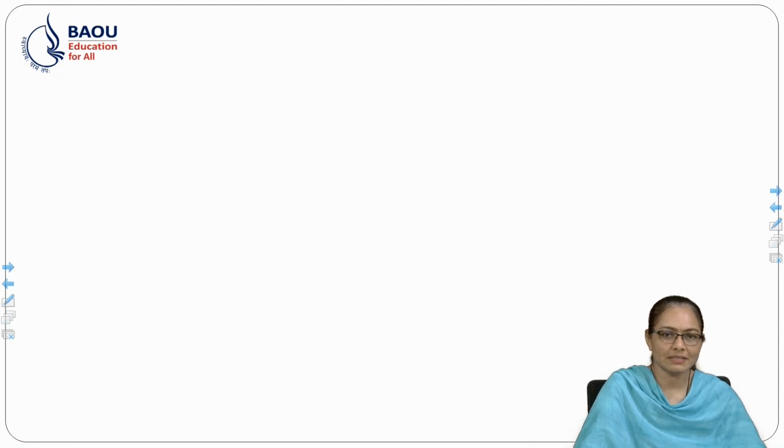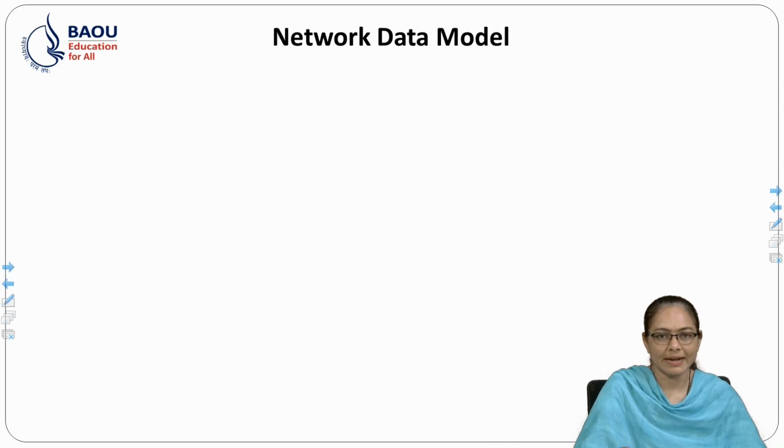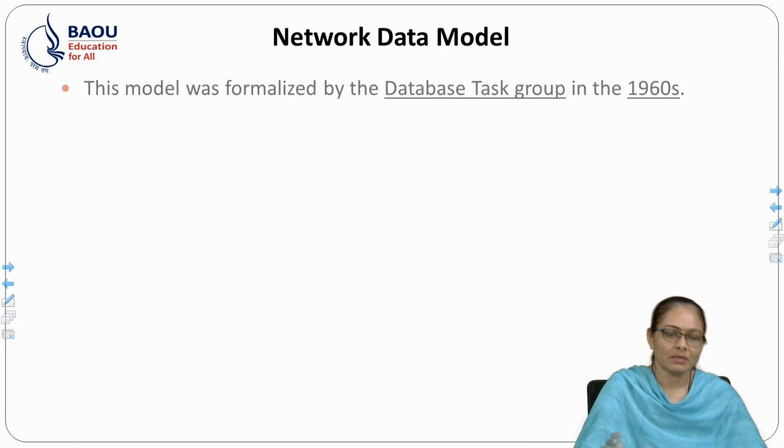Now the next data model is the network data model. I think you know about the hierarchical model and its limitations and disadvantages. Okay. Now the next is the network data model. It was formalized by the Database Task Group in the 1960s.